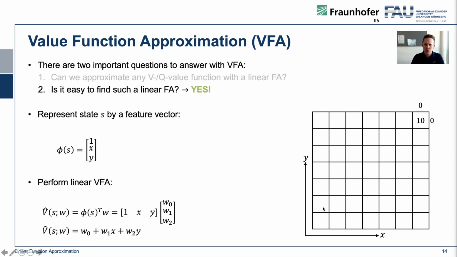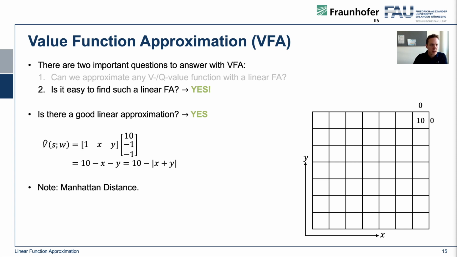So how would this actually look? How would a perfect parameter vector W look if we ran such an optimization? We could say the W vector would look like 10, minus 1, minus 1. If we use this parameter vector, our state value would be defined as the Manhattan distance to the goal, which is exactly what the value function looks like in this case.